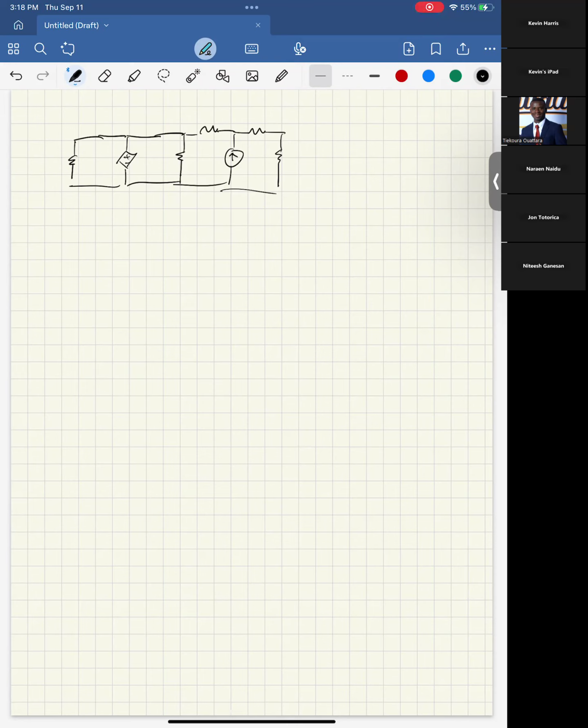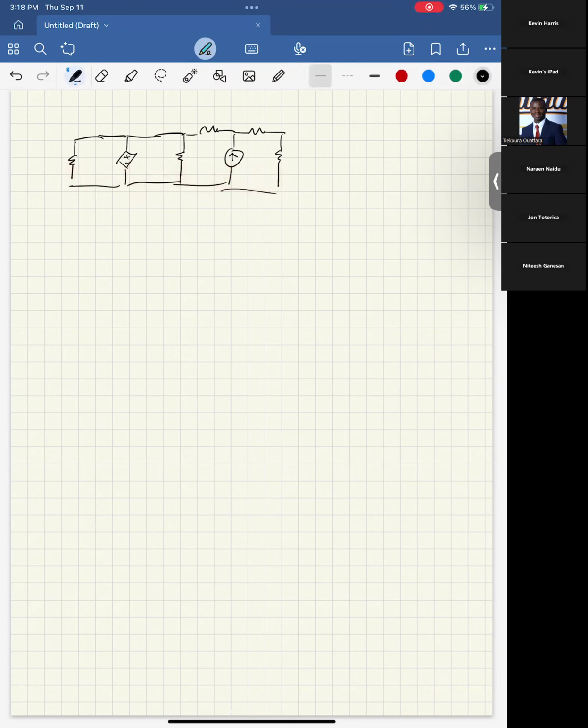But if we wanted to write node voltage equations for this, then we first have to start by defining some zero voltage point. Again, we want to define that as the point where as many nodes or components as possible are connected. Here, that would be the bottom, because these are all connected together at the bottom.